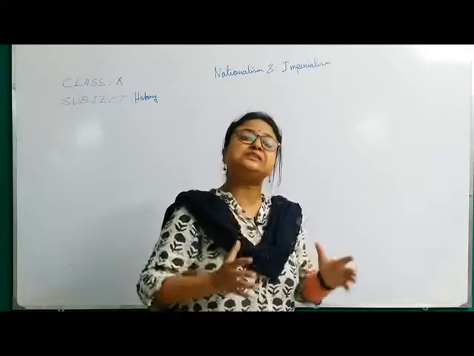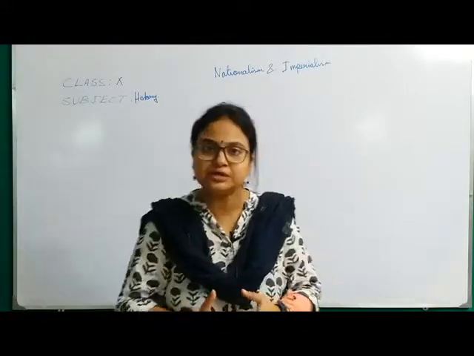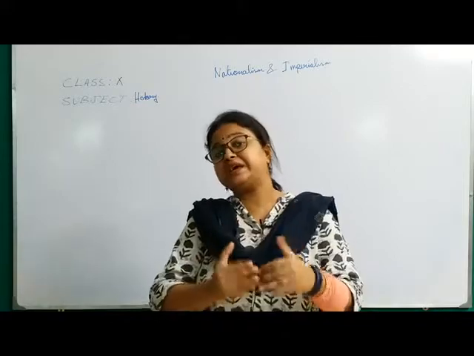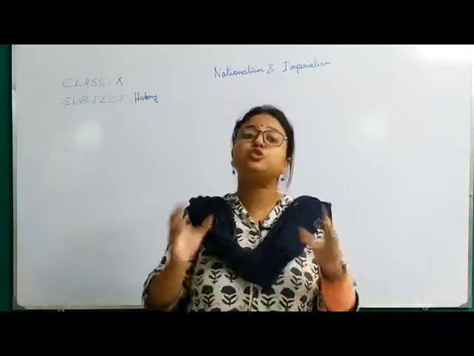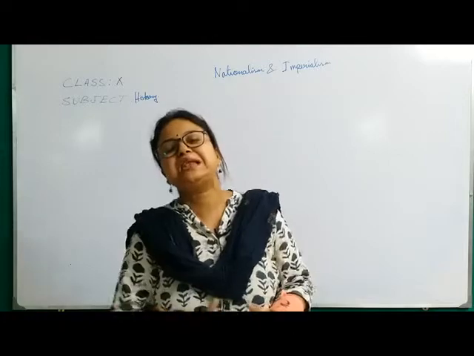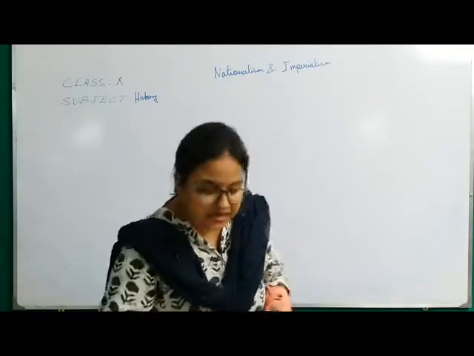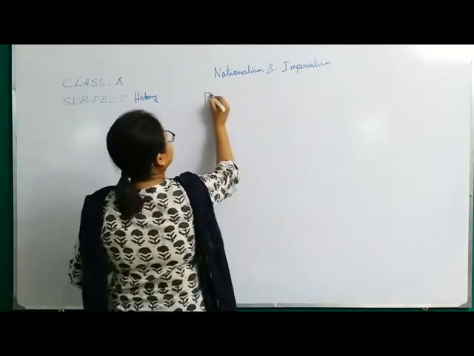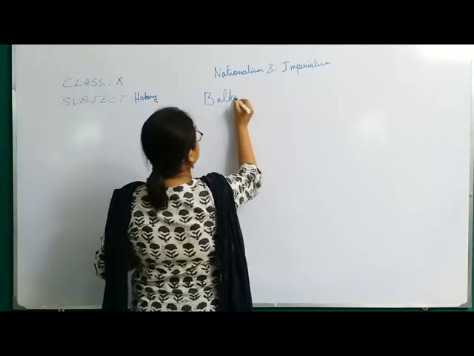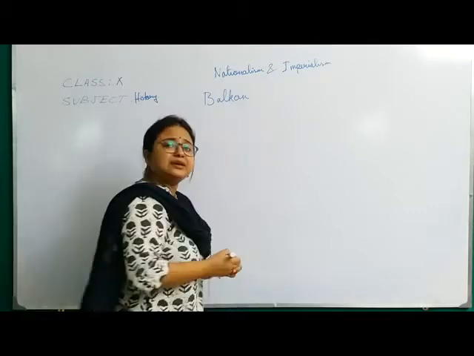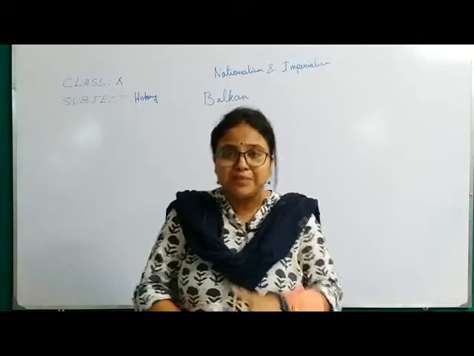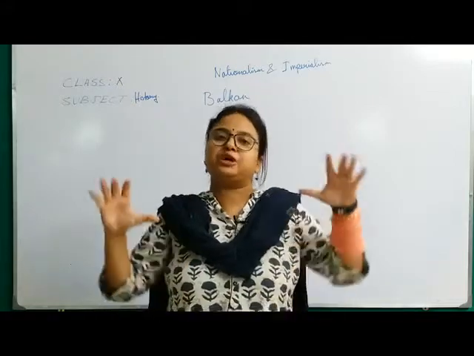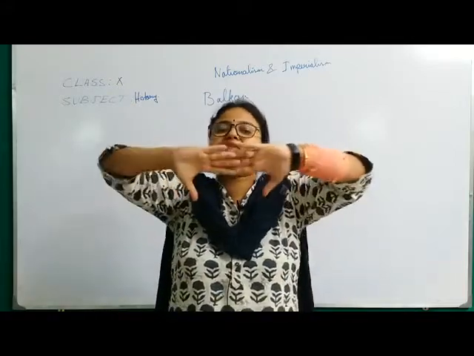Now today we will see another part of the world where nationalism was there and it created a huge change in the mentality of the people. The area is the Balkan area. Where is the Balkan area? The Balkan area is in the middle of Europe and Asia, where both the continents are meeting.